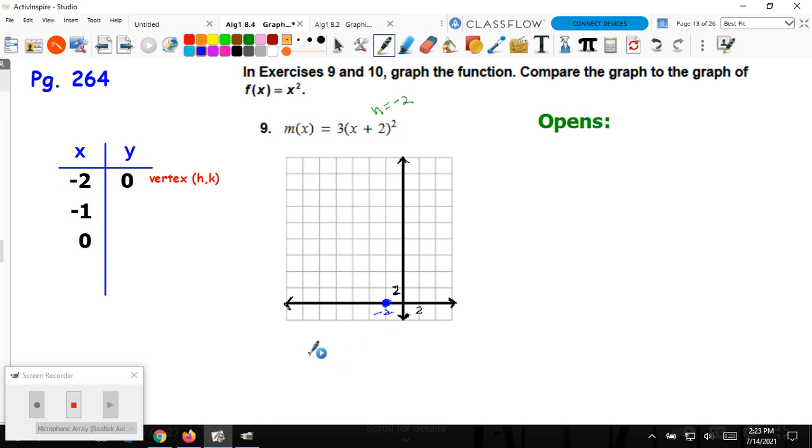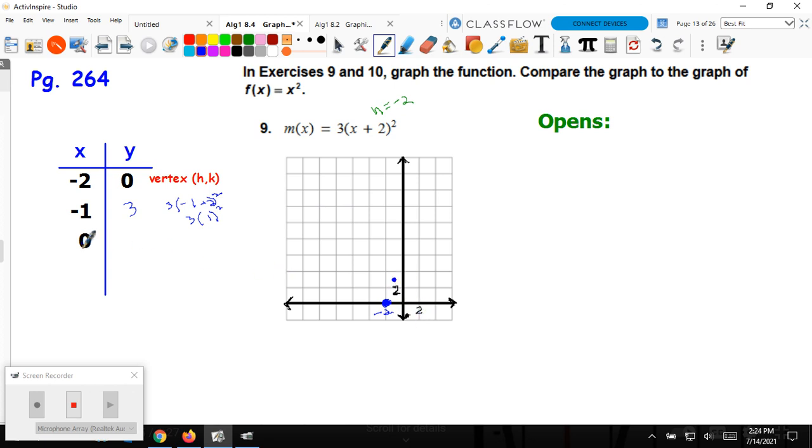If I did 3 times negative 1 plus 2 squared, and if I take 1 away, it's going to be 1, so it's really going to be 3 times 1 squared. And 1 squared is 1, so that's going to be 3. So negative 1, 3. So negative 1 is right here because we're going by 2's. So negative 1, 3 would put us right about there, in the middle of this box.